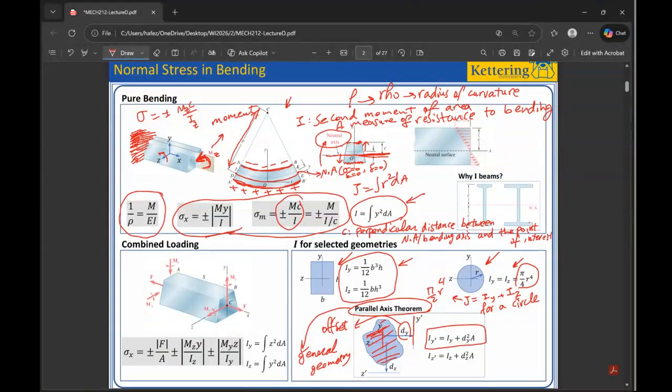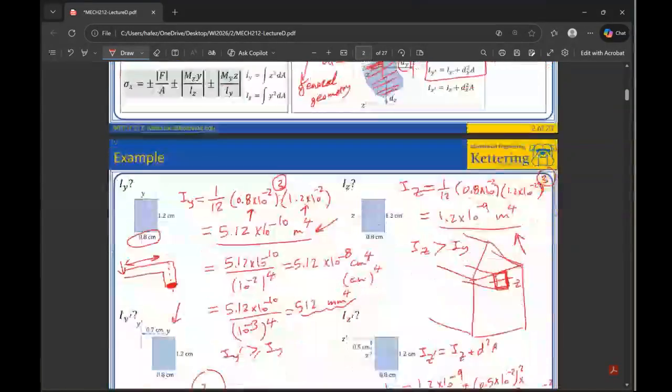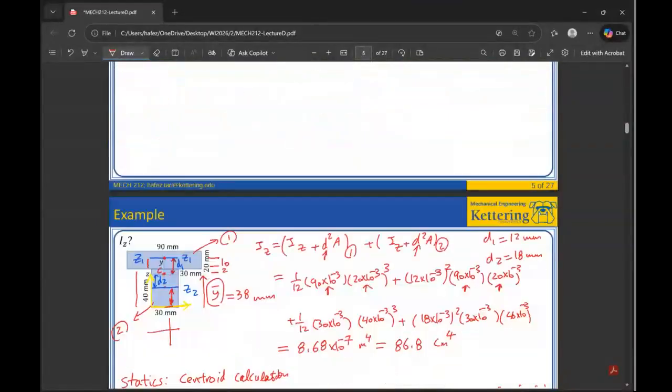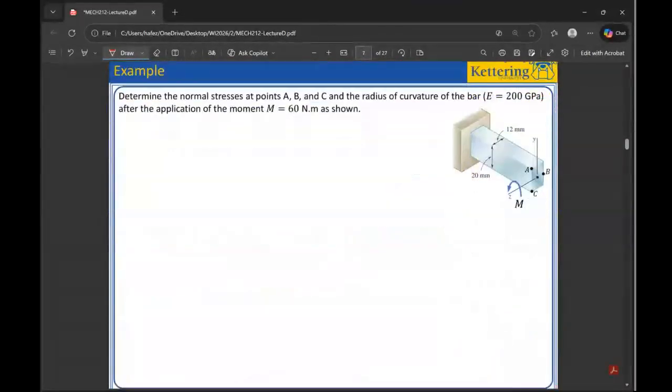If I want to confirm the stress at the neutral axis, we know that the C there is how far you get away from it, which would be 0. So C would be 0, therefore stress there would be 0. All right, we also said, let's go over the first example and calculate some terms that we learned today.